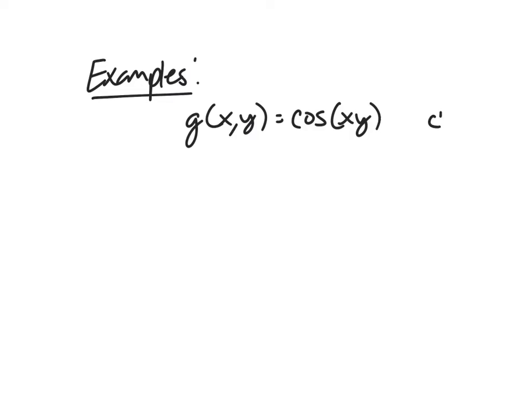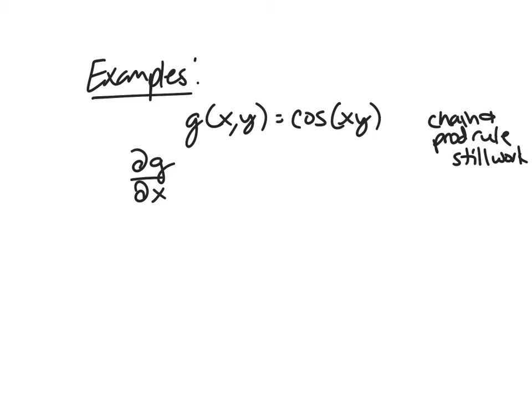Okay, what about this one? Well, turns out chain and product rule still work. Those still make sense, but again, you just have to think one of these is being held constant. Here I'll write another notation, so we'll do del g del x. Here is going to be, well, chain rule.